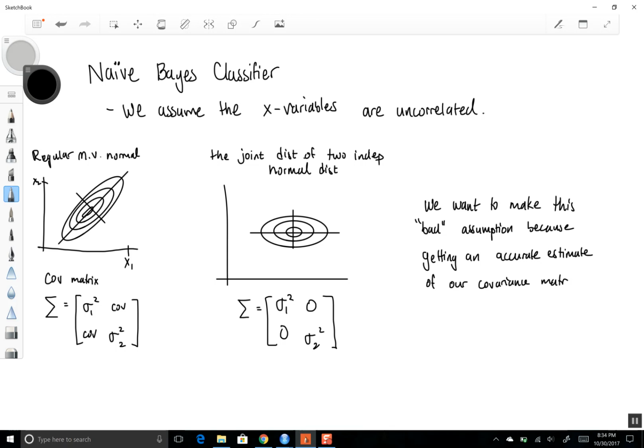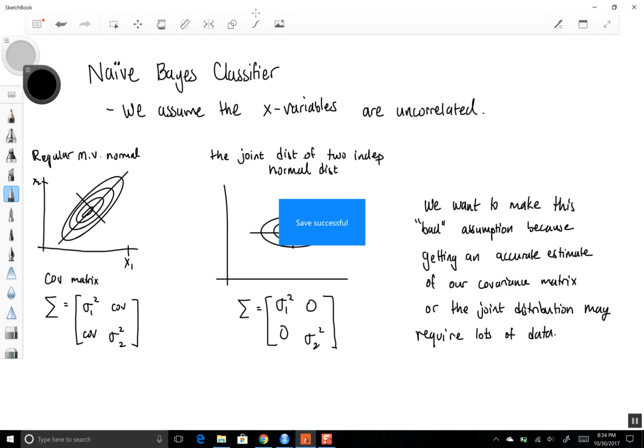Estimating our covariance matrix or the joint distribution may require lots of data. So if we don't have a ton of data, then our estimates of what the joint distribution looks like could be inaccurate, or they'll vary quite a bit from one sample to another sample.